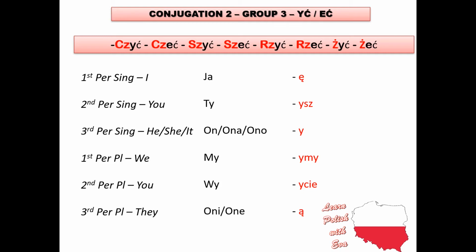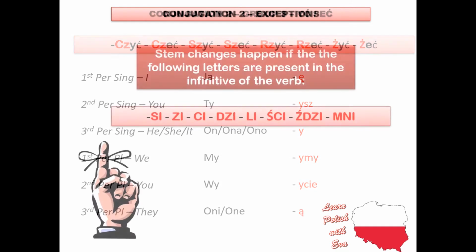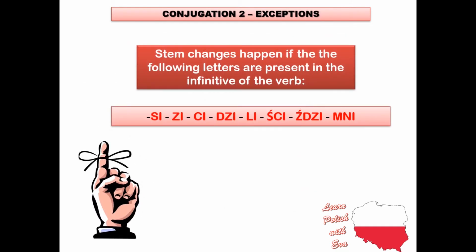So we know that there are exceptions in this conjugation number 2, and what the exceptions are, really, are stem changes, okay? Which means that the actual verb endings remain the same. And these stem changes happen if the following letters are present in the infinitive of the verb. As you can see, they are quite Polish letters, okay?